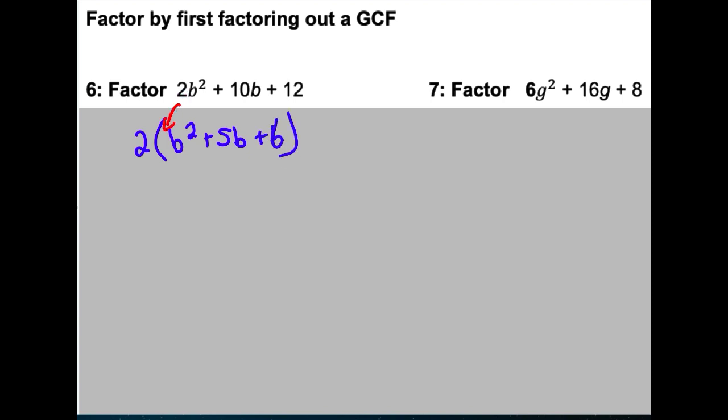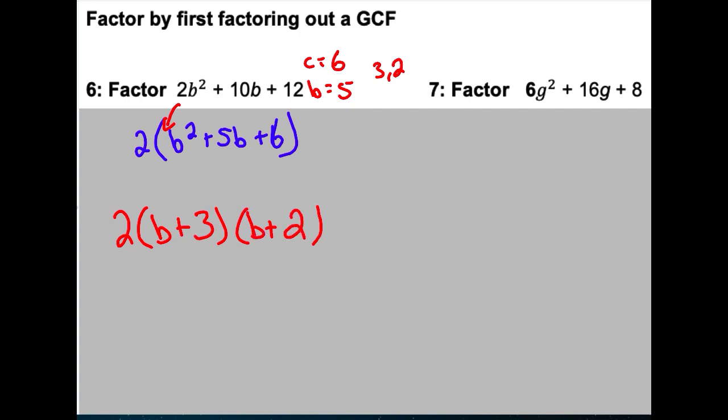Notice this one has a 1 on the b squared, so I can go back to my original kind of thinking, the simplified version. What multiplies to give me 6, but adds to give me 5? Because this is one that is a plus and a plus. Well, the only way to multiply to get 6, but add to be 5, is a 3 and a 2. So I'm going to have b plus 3 and b plus 2.